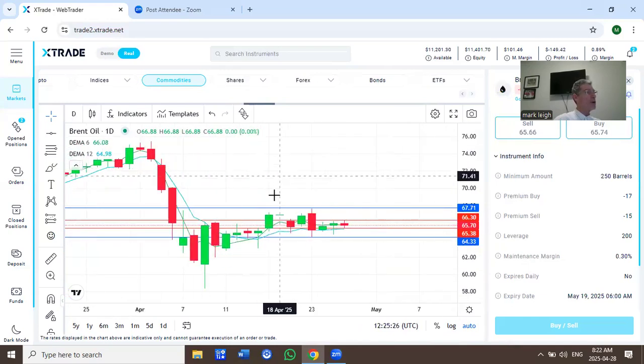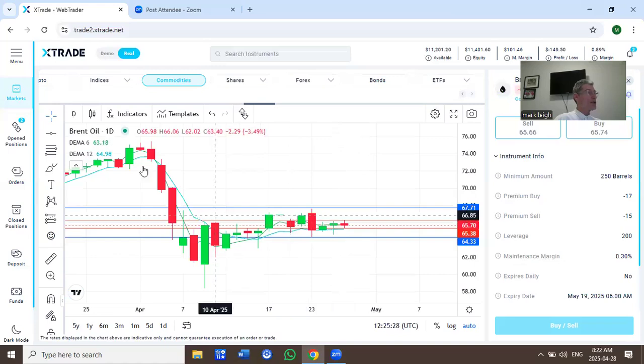You can see that I'm on the daily, and you can see since we had the big sell-off, the bounce up, it's kind of maintained within this, well, today, very narrow range between 65.36 on the downside, 66.30 on the upside, a little bit of a wider range, and that's 64.37 support and 67.62 resistance, roughly a $3 range, and sitting pretty tight in there, neither buyers nor sellers able to break through at this point.